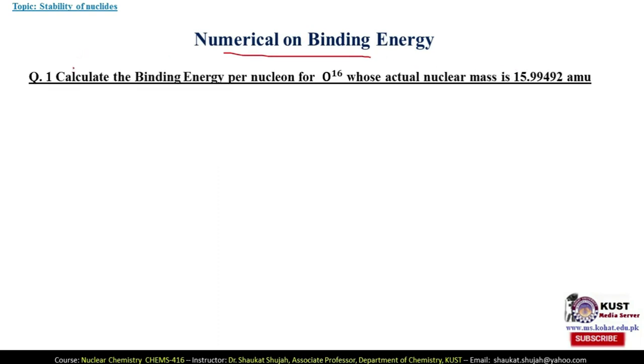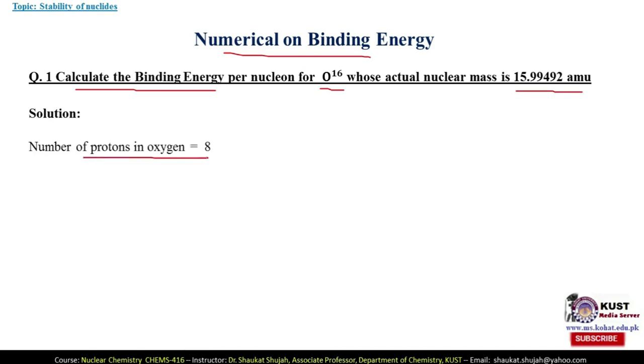Question 1. Calculate the binding energy per nucleon for oxygen 16, whose actual mass is 15.99492 AMU. Now we know that oxygen contains 8 protons and 8 neutrons.